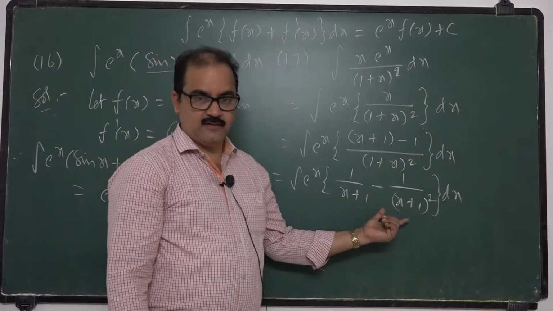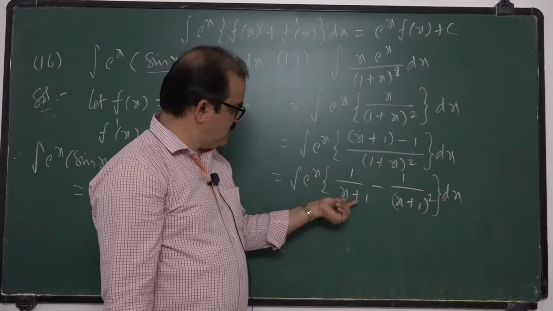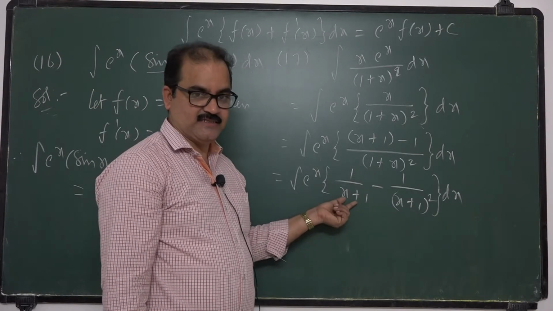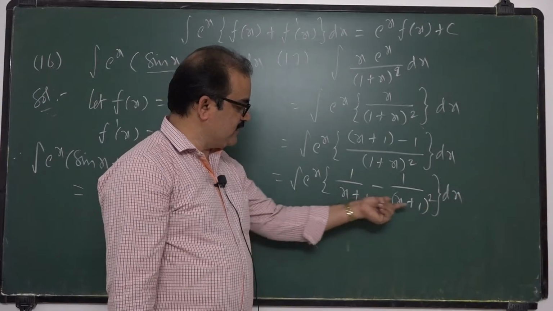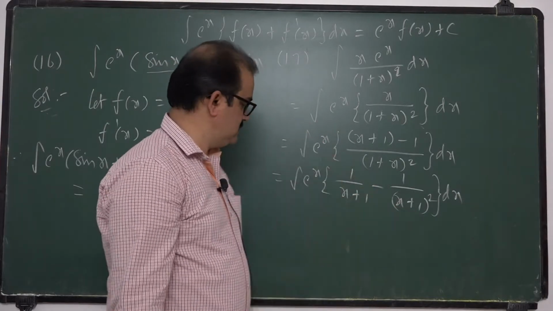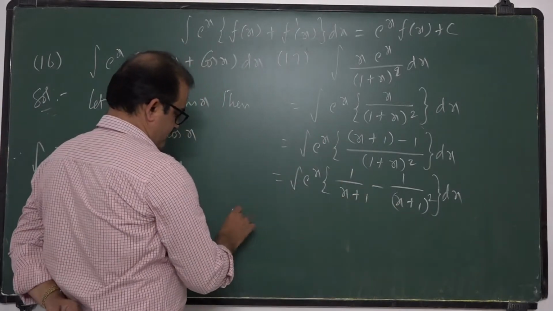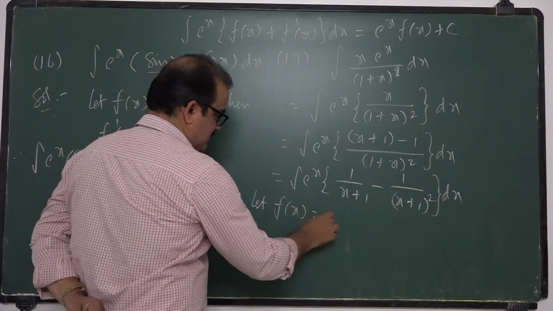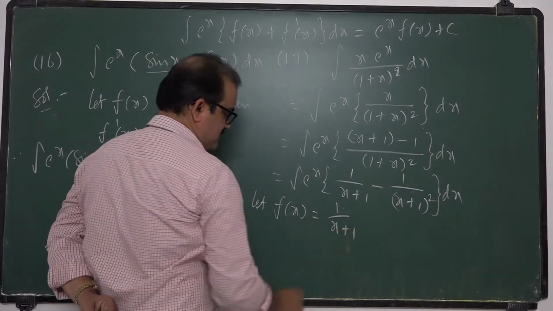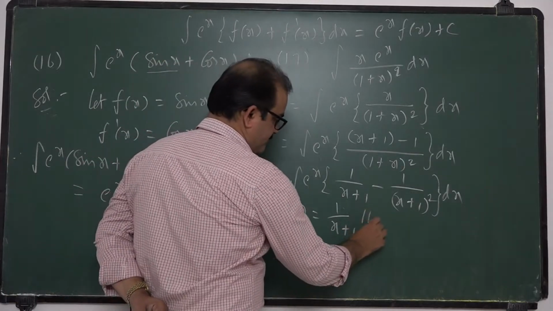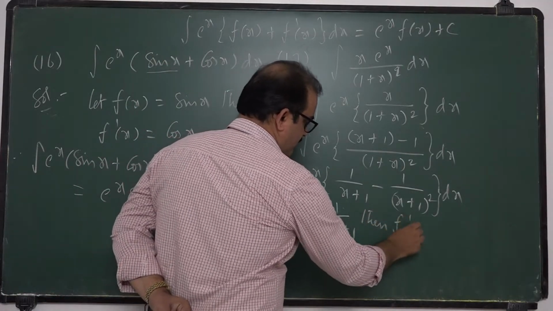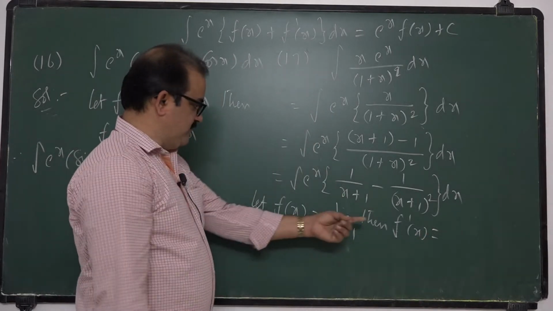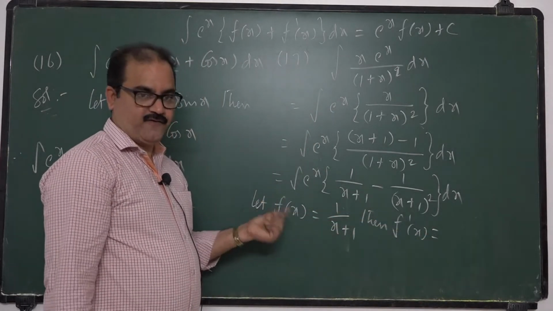Here there are two functions. If you take 1 by x plus 1 as f of x, then it becomes f dash x. Let f of x is equal to 1 by x plus 1, then f dash x is equal to, f dash x means the derivative of f of x.